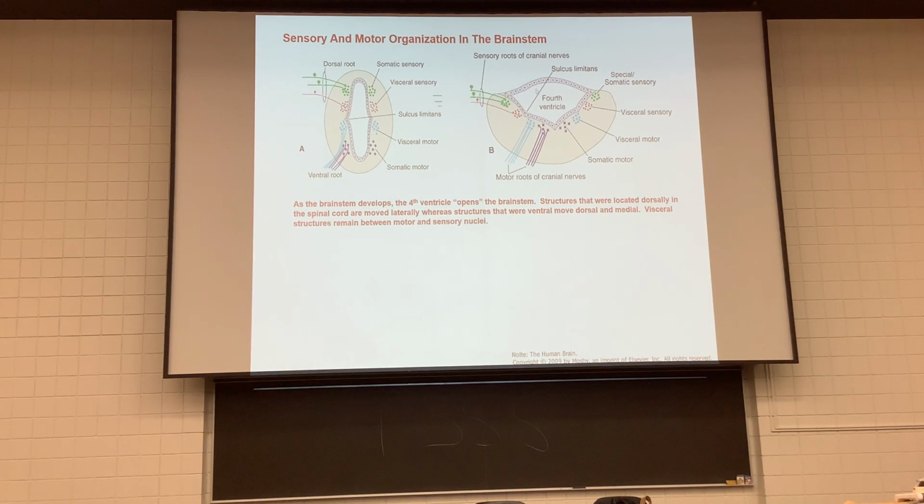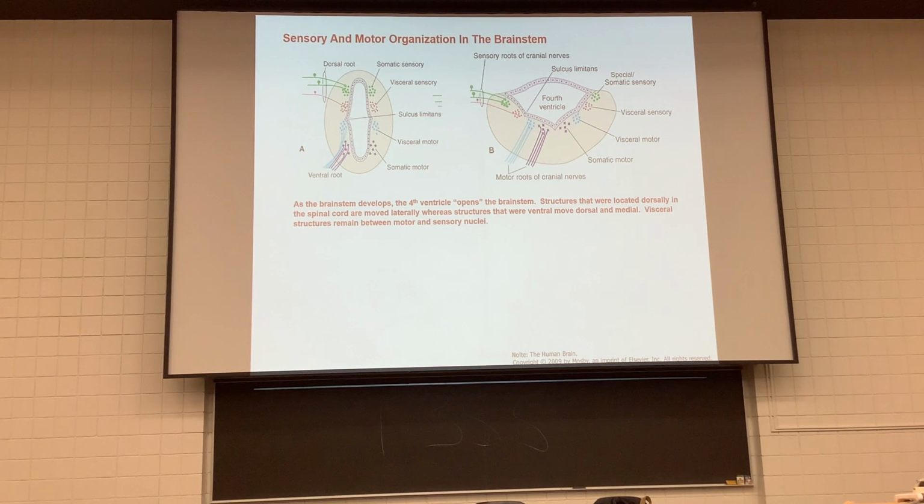And then we can further look at this organization by saying, okay, what was ventral is now going to be immediately adjacent to the midline. So that's going to be motor. Again, spinal cord, my palms, I open it up, and my palms wind up on either side of the midline.